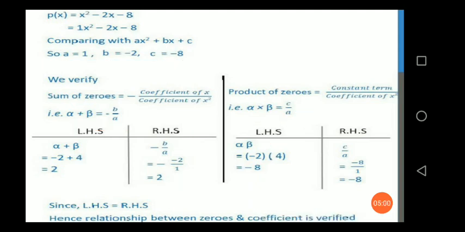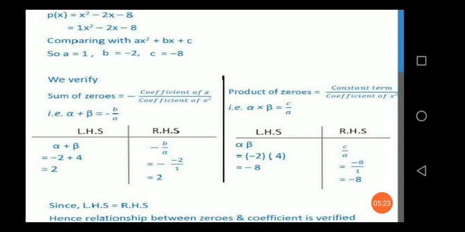Both relations we have to check and verify whether they are coming equal or not. And one more important thing: they will always come equal. If it is not coming equal in your case, it means there is some mistake in your solution.